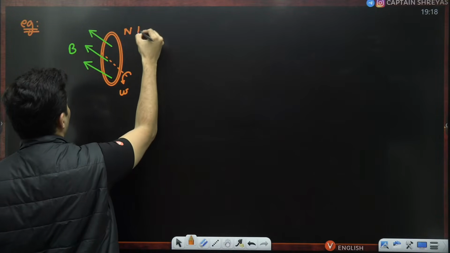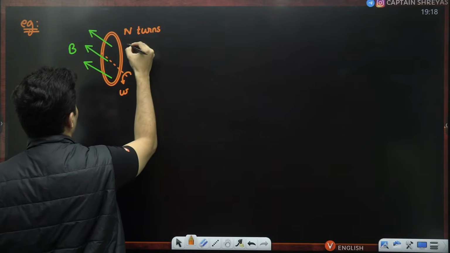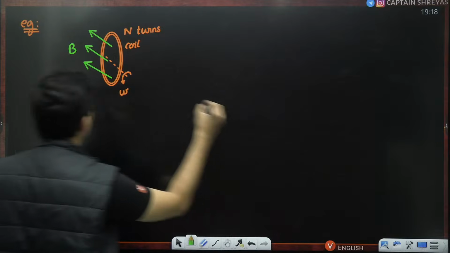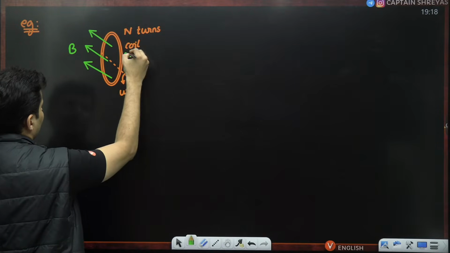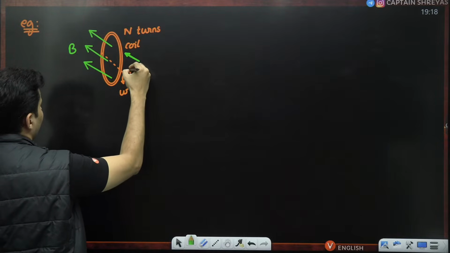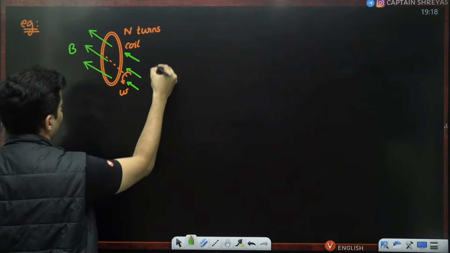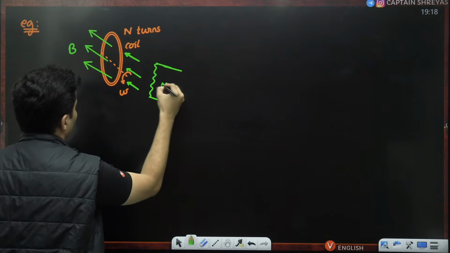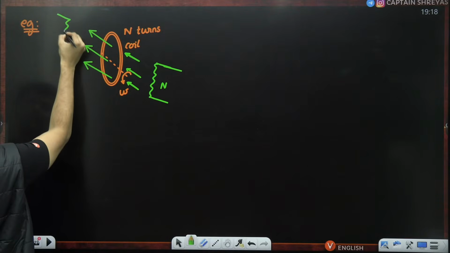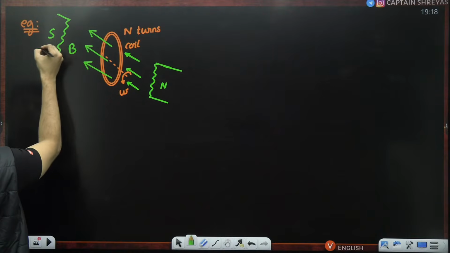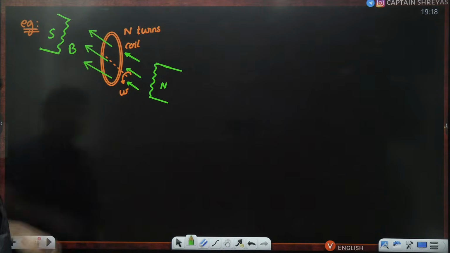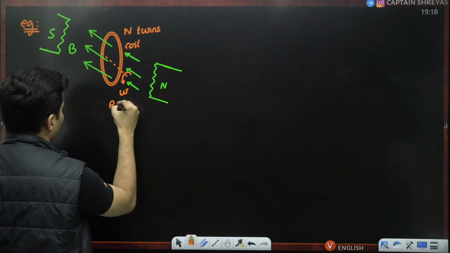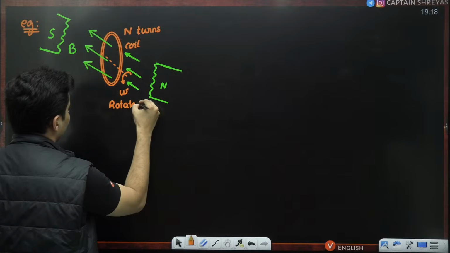There are some n number of turns in that particular coil. This magnetic field maybe is coming from some magnet placed over here. This is the North Pole and this is the South Pole of some magnet, and this coil is being rotated right now with some angular speed.